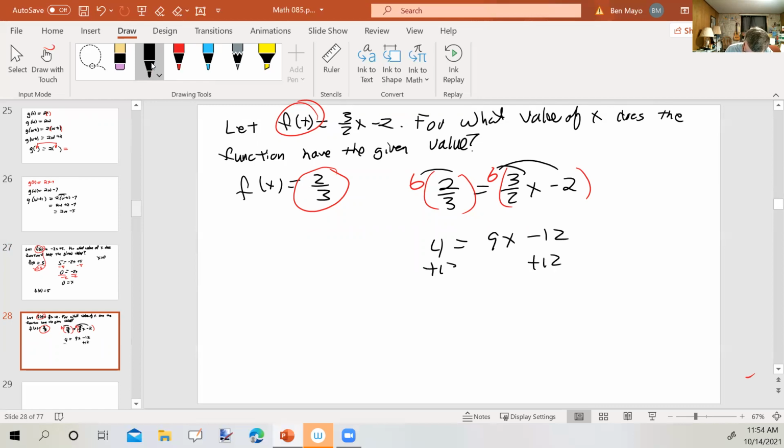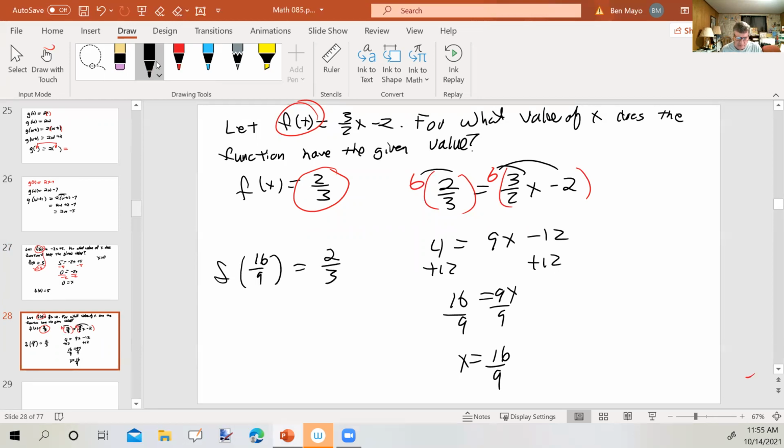Adding 12 to both sides, I get 16 equals 9x. Divide by 9, x equals 16/9. So that means f of, hang on here. F of 16/9 would equal 2/3. So again, these last two problems, they're saying, given the function and telling you the output, the y value, what's the input or the x value to produce that y value?